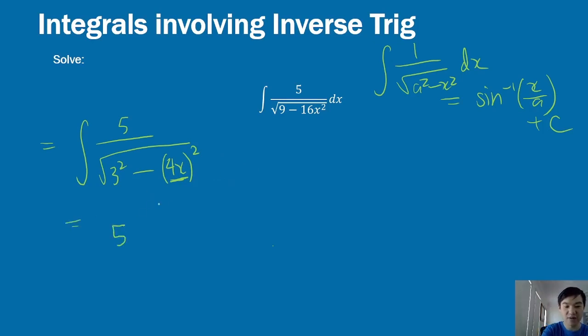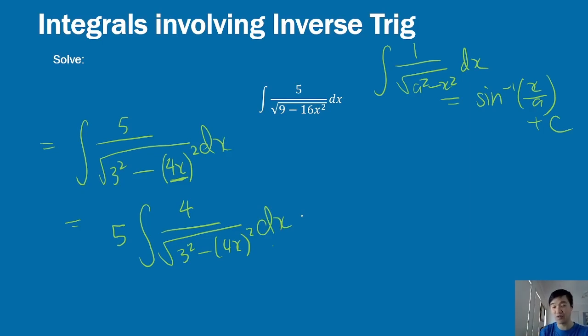So I could take out this 5. If I want a 4 up there, I can't just add a 4. I need to balance it out. So I'm going to divide by 4 in the front, so I'm not changing the question. I'm simply adding 4 then dividing by 4 so that they cancel out.